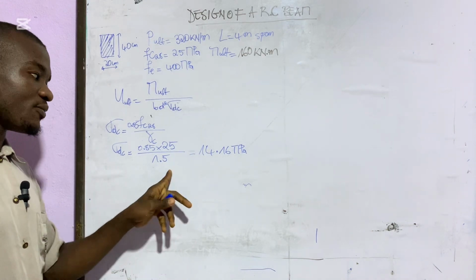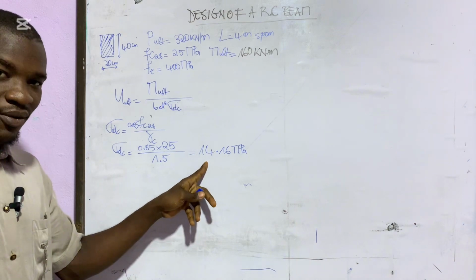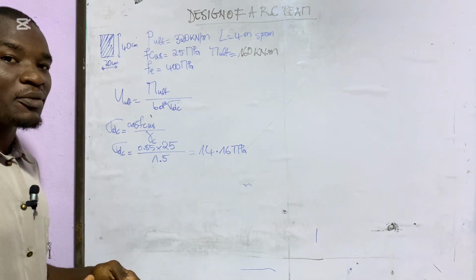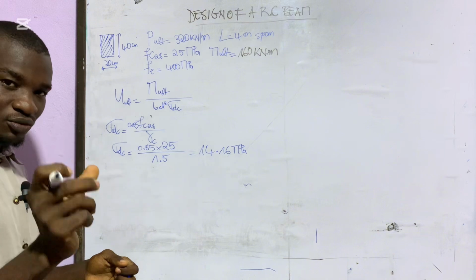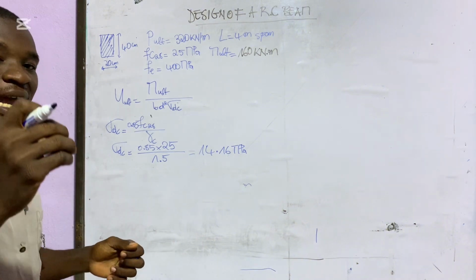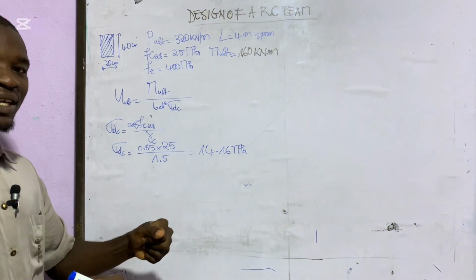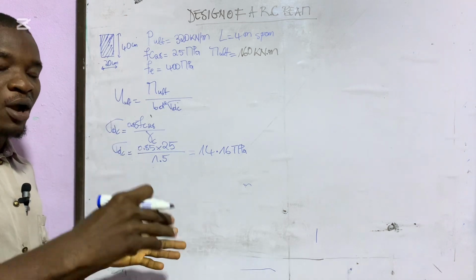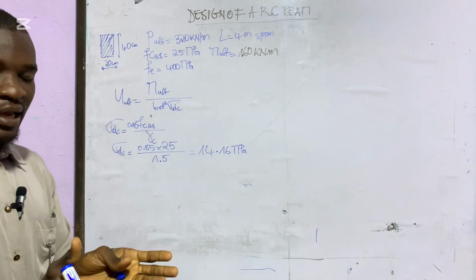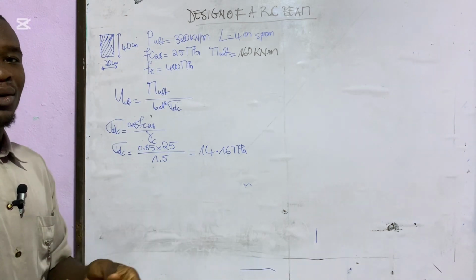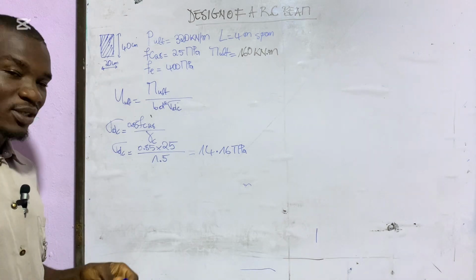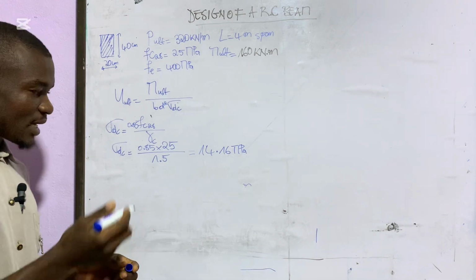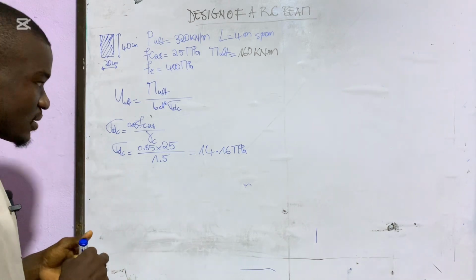You see that the safety factor reduces the strength of your concrete so that you design with a smaller strength for the concrete, and at the end of the day your structure is strong enough to even carry a load that was not predicted initially. That's the importance of the safety factor.